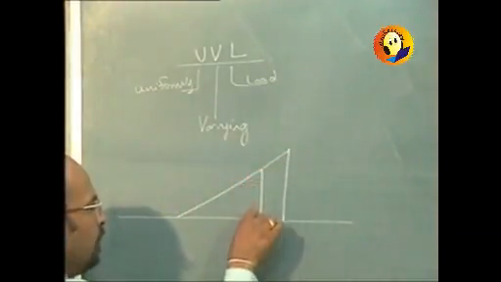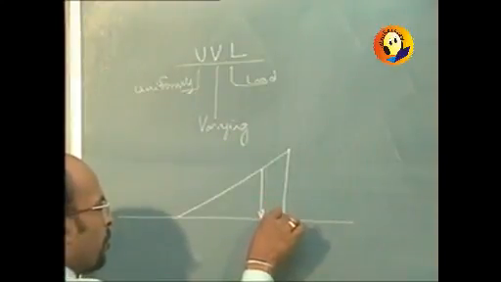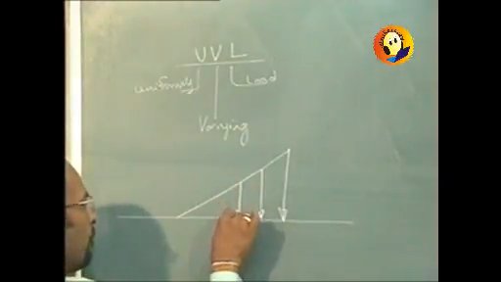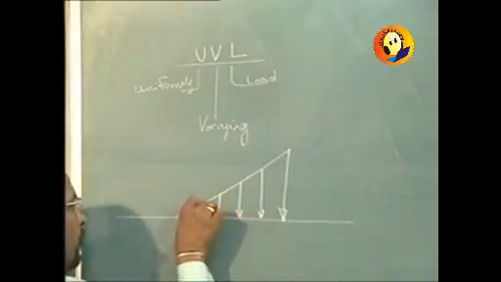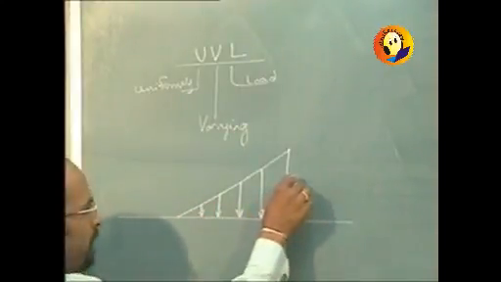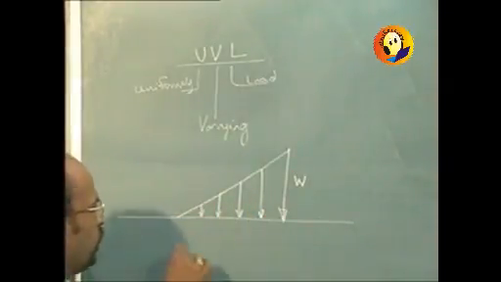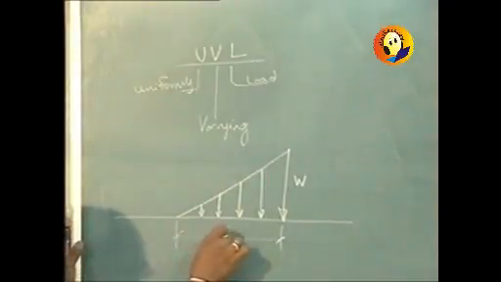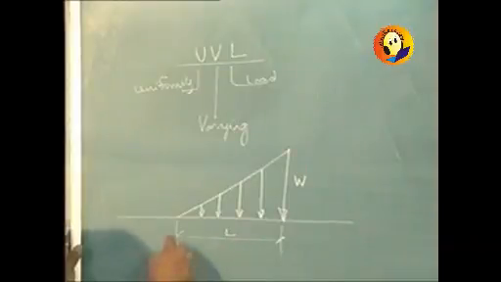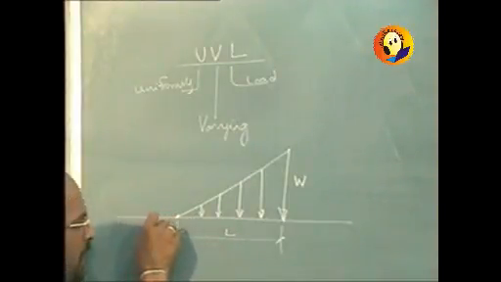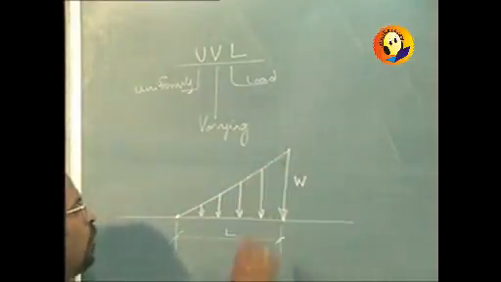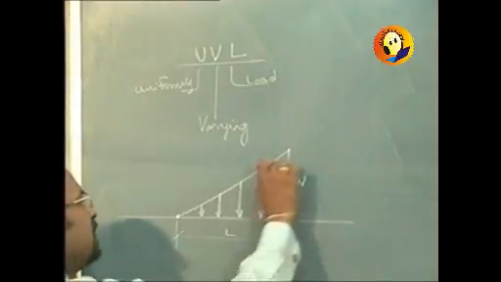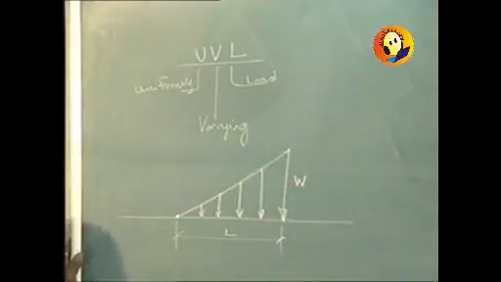It is normally shown in this manner. And this height could be given to us as W. This length is also known to us as L. This is called as a uniformly varying load. At one point there is zero load, but as we move along this length, the load will go on increasing. And this is a straight line, so it is uniformly varying.